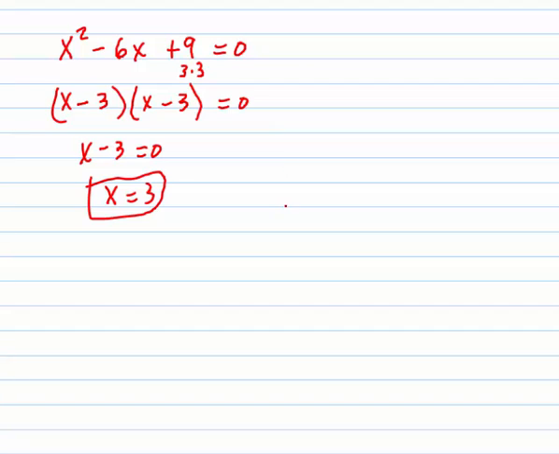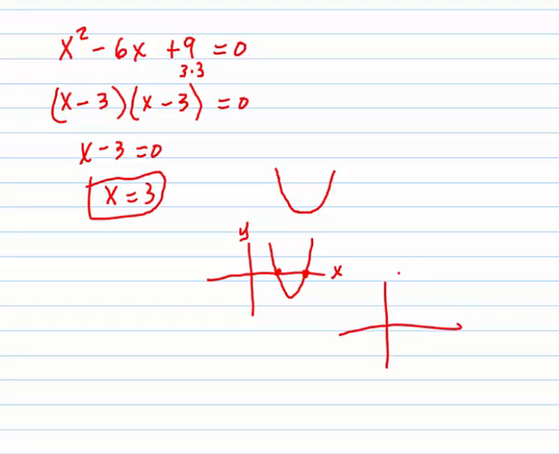And just a side note, quadratic equations basically look like this as a graph. So sometimes, if this is our x-axis and y-axis, sometimes the graph looks like this and we get two solutions. Sometimes the graph looks like this one and it just touches there.